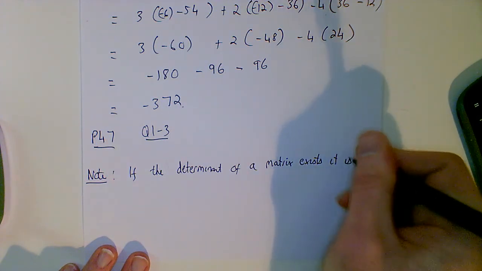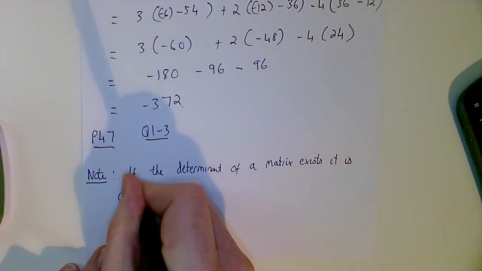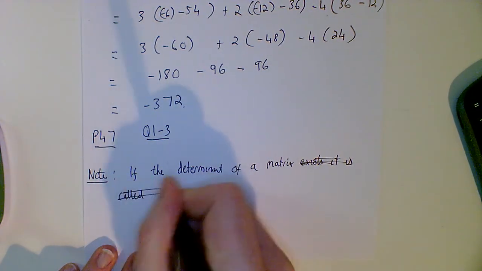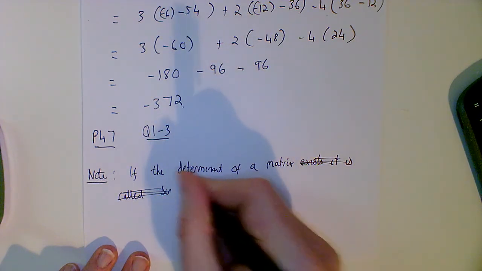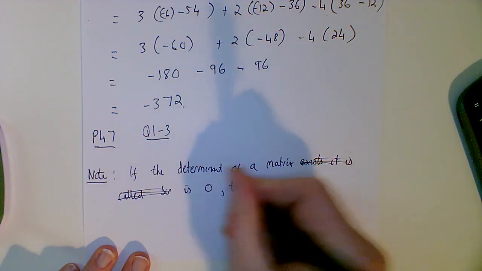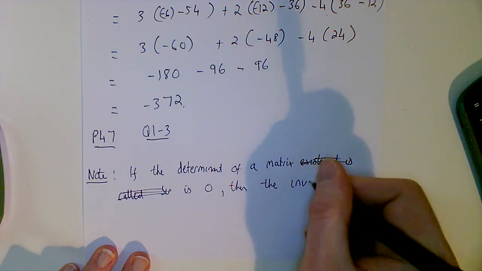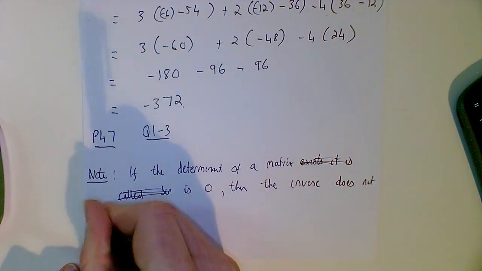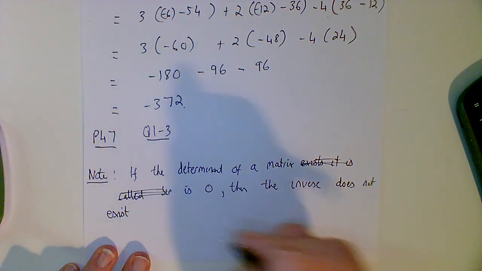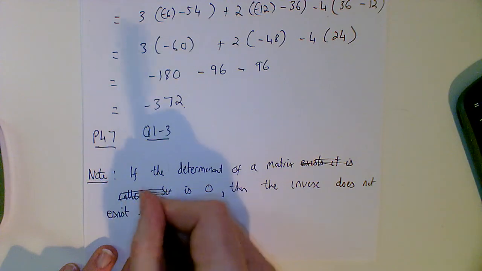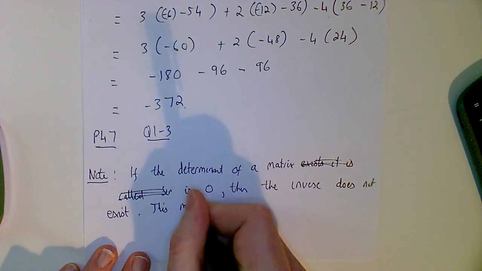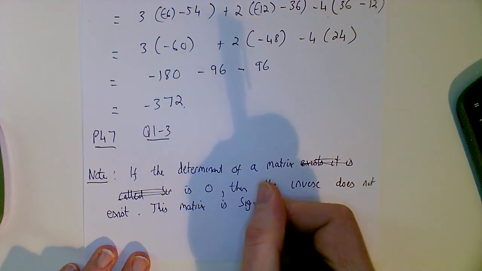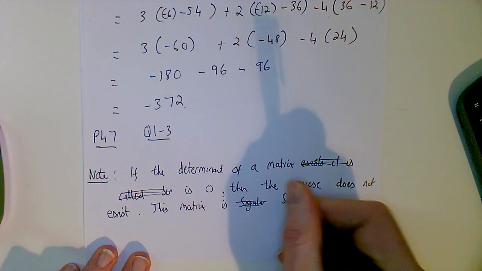If the determinant of a matrix is 0, then the inverse doesn't exist. This matrix is singular. Okay, because it doesn't have an inverse, it is singular.